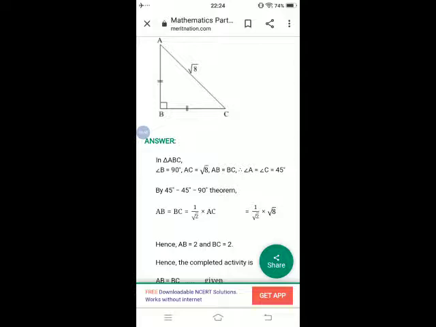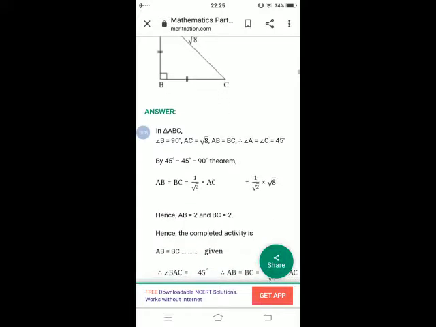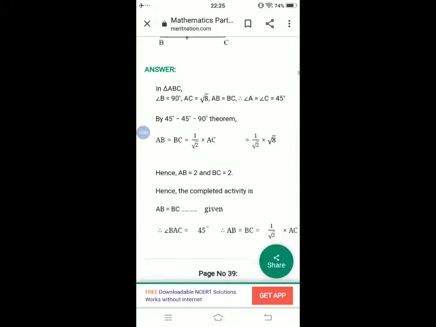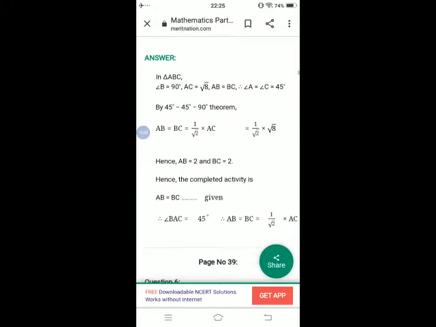So 1 upon root 2 into 2 root 2. That root 2 gets cancelled. The answer will remain as 2. So therefore AB is equal to BC is equal to 2. So you have to write in the blanks whatever is given in such a way.